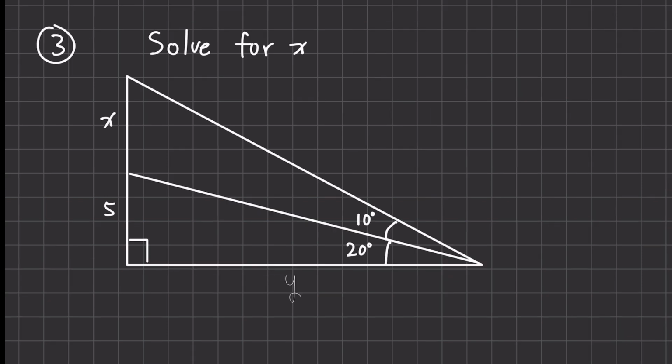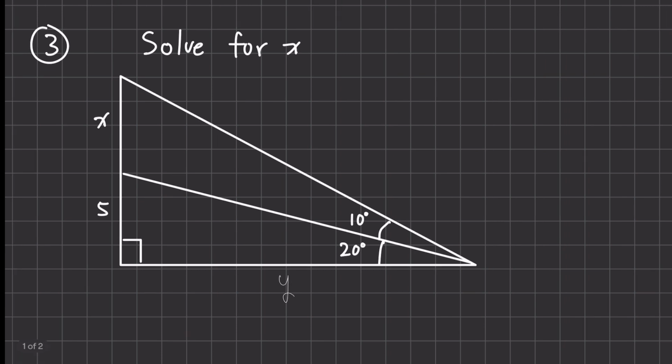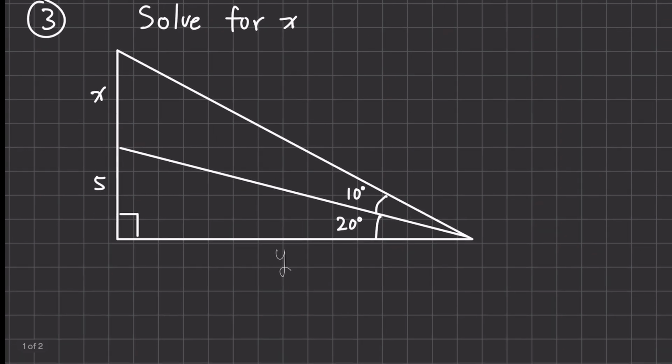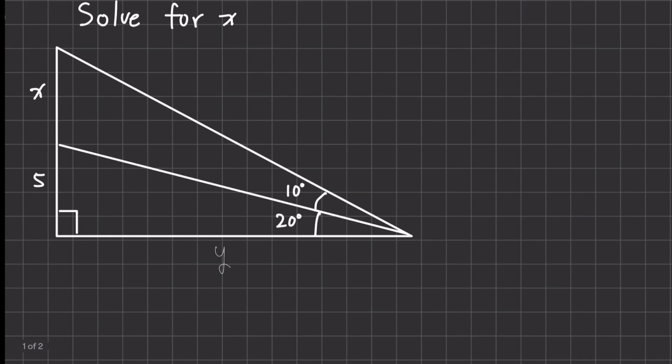So, for this question, we're being asked to solve for x. Actually, to solve for x, we must find this side length first, and soon you'll see y. To solve for y, you must use trig ratios involving this triangle right here. Looking at the known sides and angles, the angle is 20 degrees, 5 is opposite to 20 degrees, and y is adjacent, which means we must use the tangent function here.